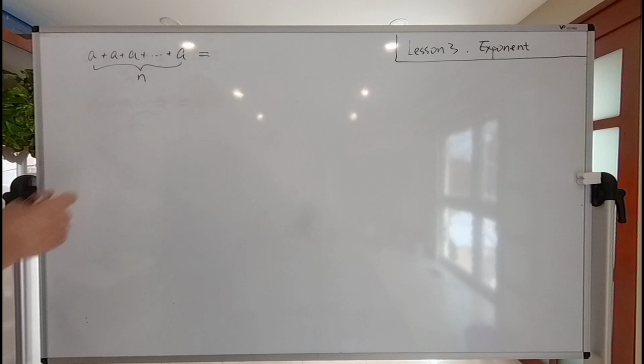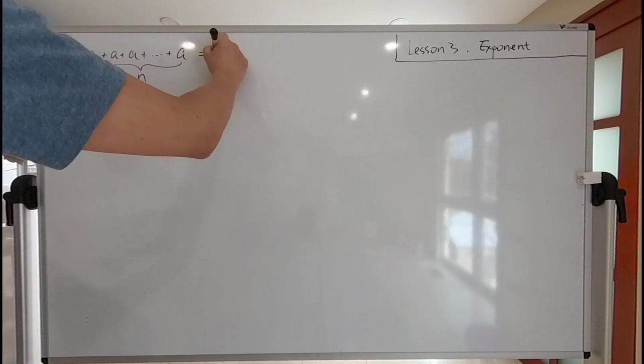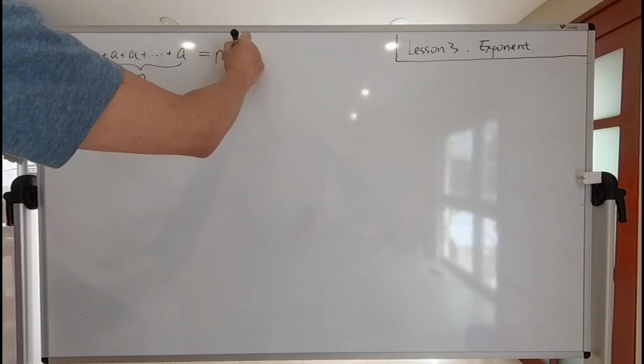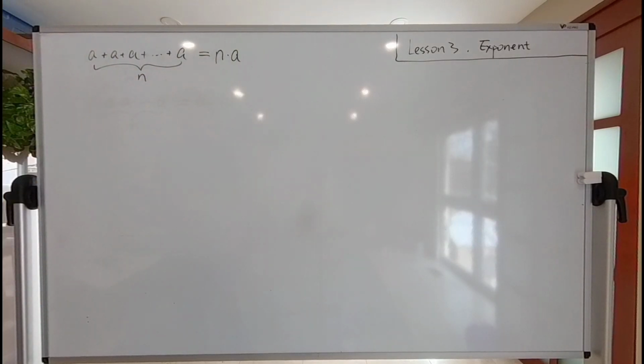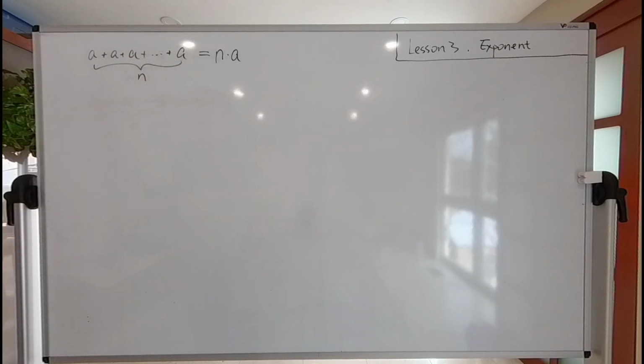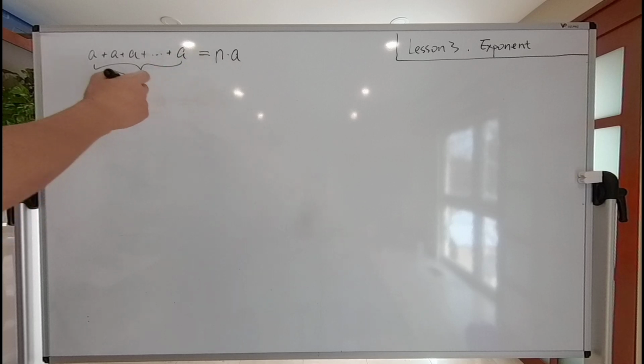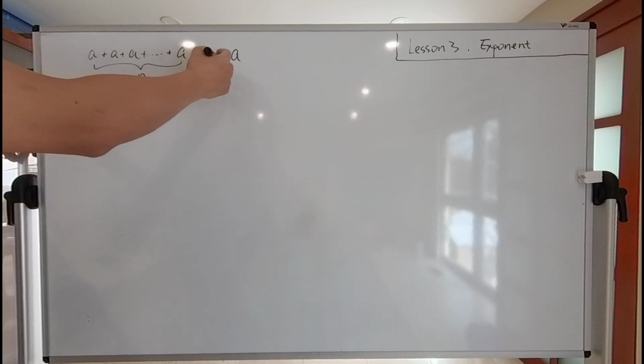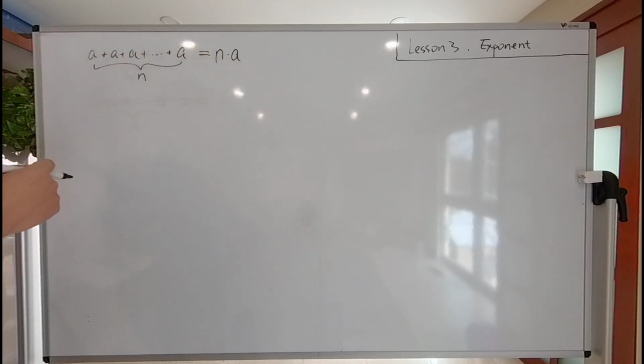I can write this in a compact form as n times a. So basically, it's the compact way of writing addition in the form of multiplication.